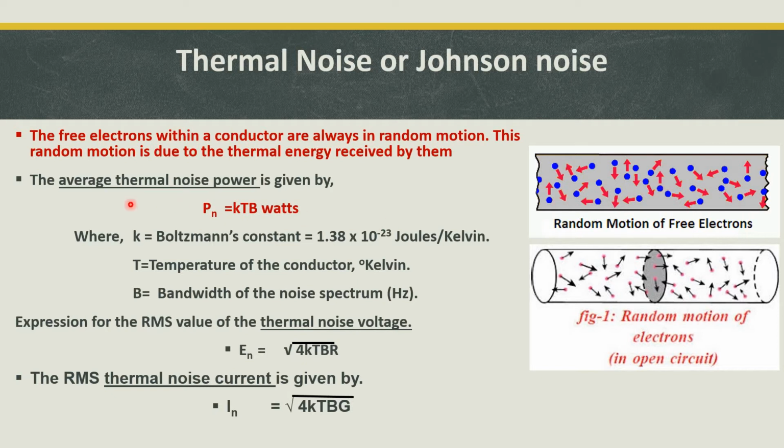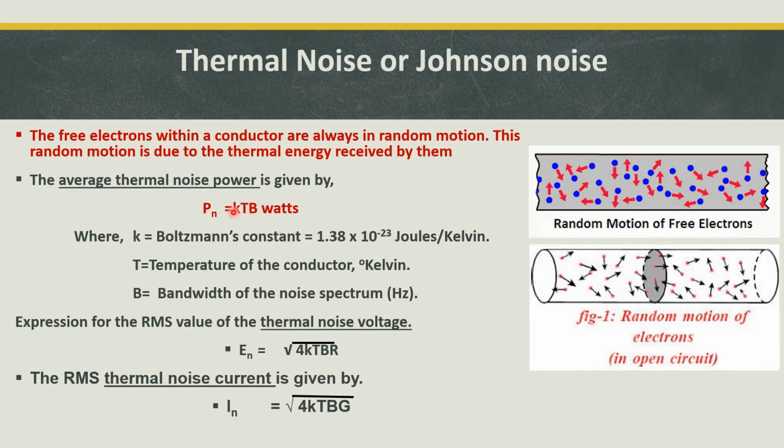It is calculated using the formula: the average thermal noise power is given by Pn = KTB. Here K represents the Boltzmann constant, T is the temperature of the conductor in Kelvin, and B is the bandwidth of the noise spectrum.